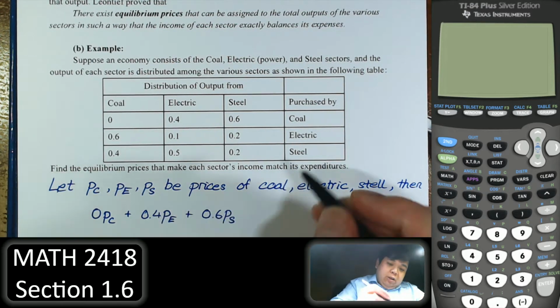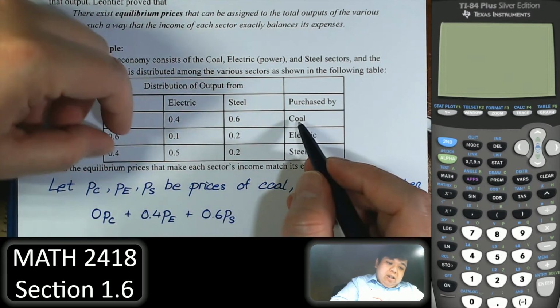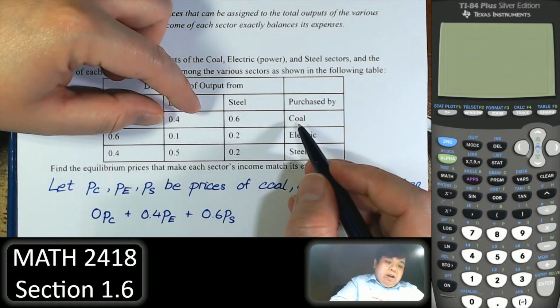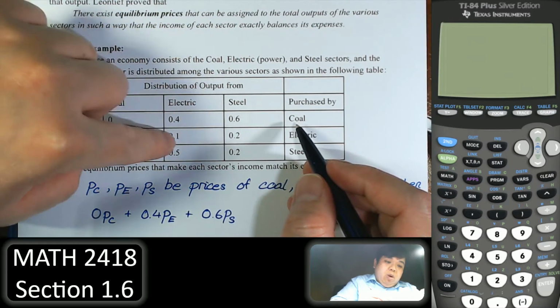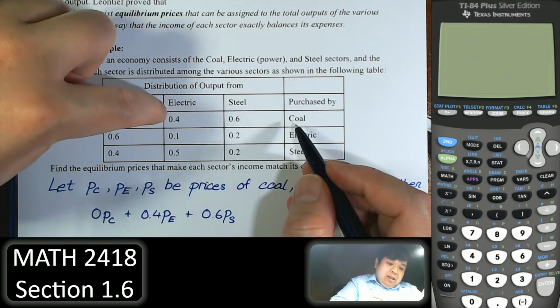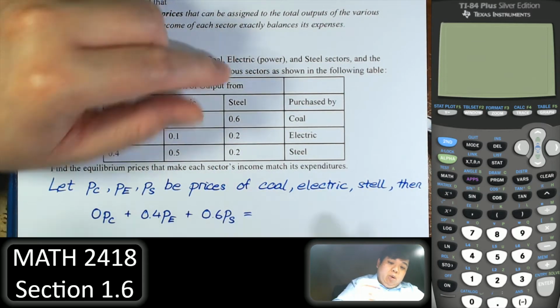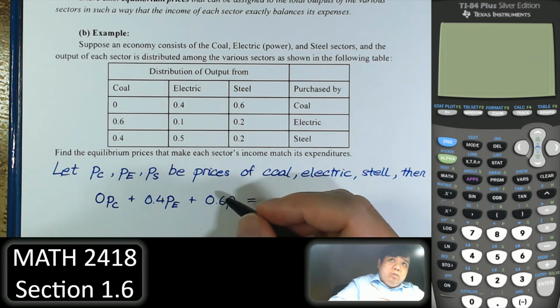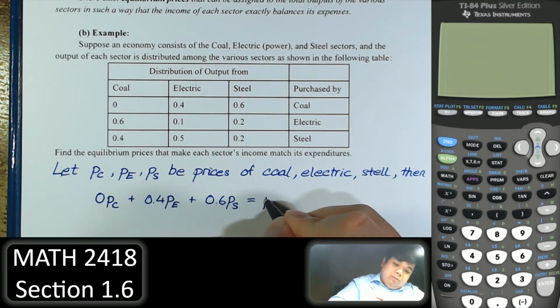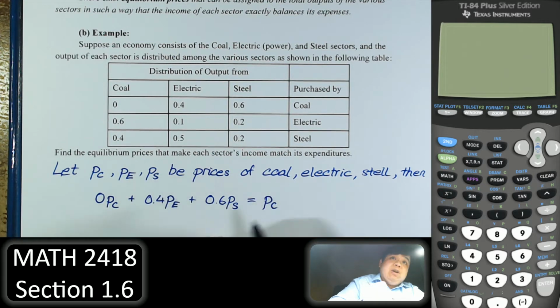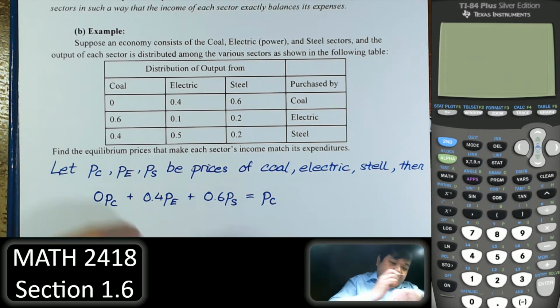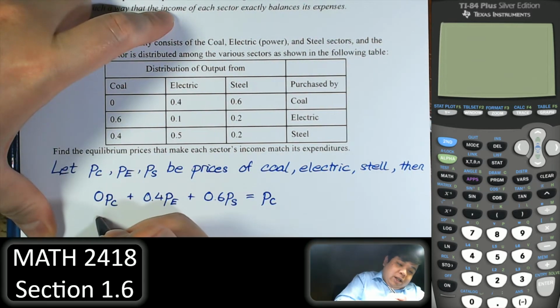So the coal sector purchases nothing from coal, 40% of the total electric value, and 60% of the total steel value. If we want equilibrium, this will have to be equal to the total value of coal.